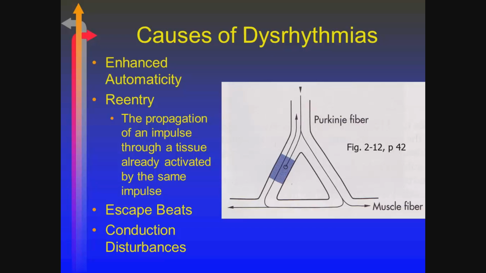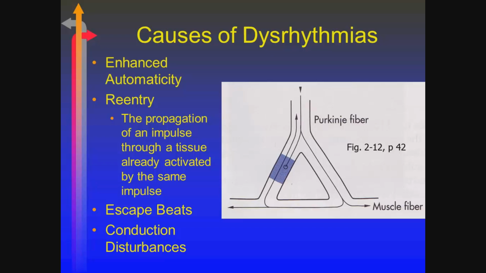Reentry is one of the causes, and one of the things that we'll see often with supraventricular tachycardias. This is where an impulse coming down innervates the muscle fiber, but also has a little mechanism whereby there's a one-way door, and it can't come down this way down this branch, but it can circle itself around and re-stimulate that point again.